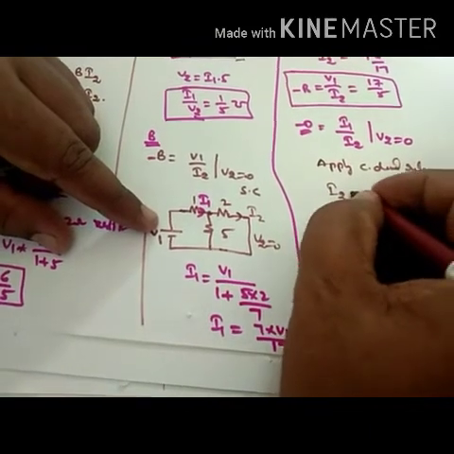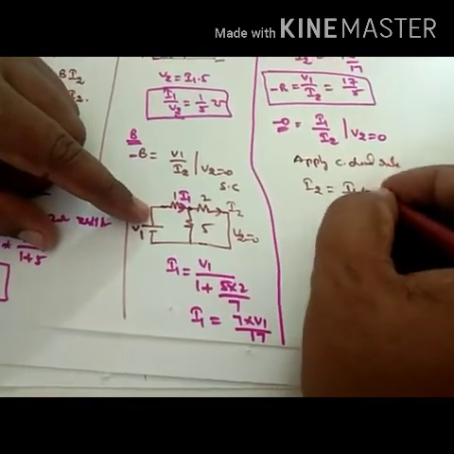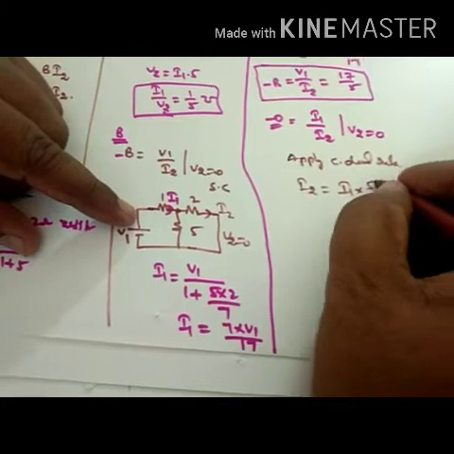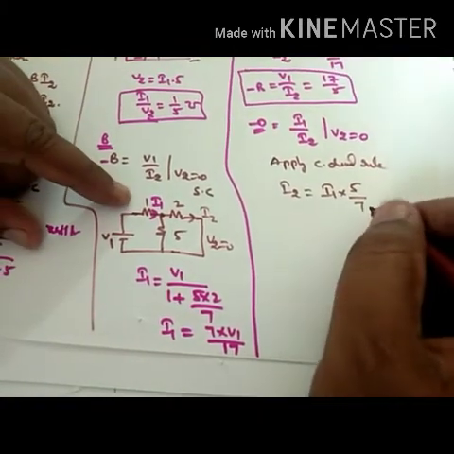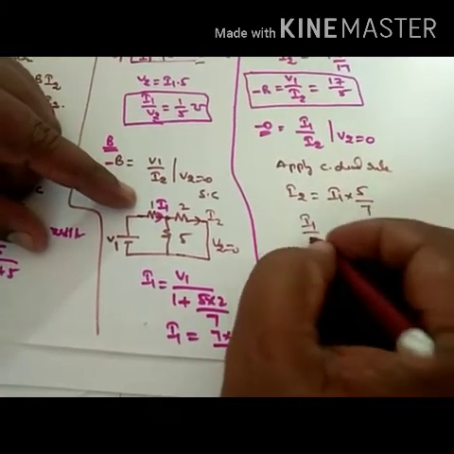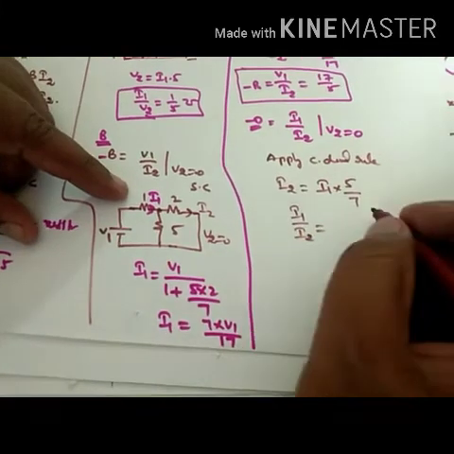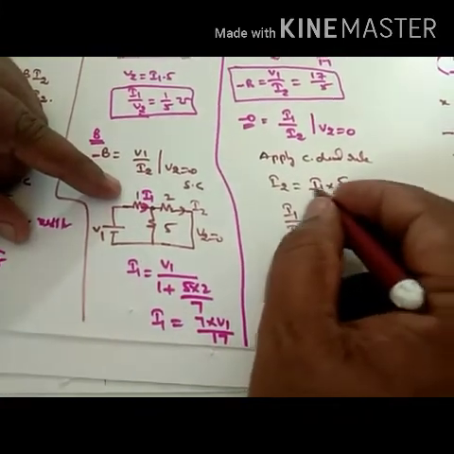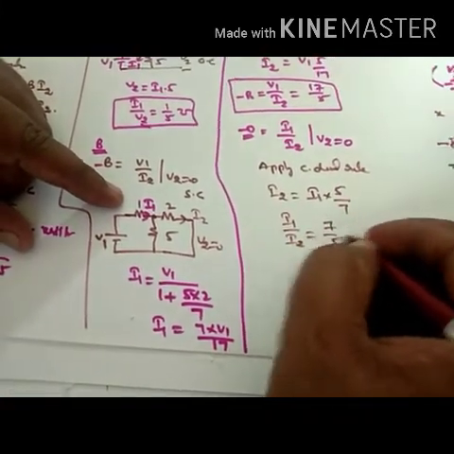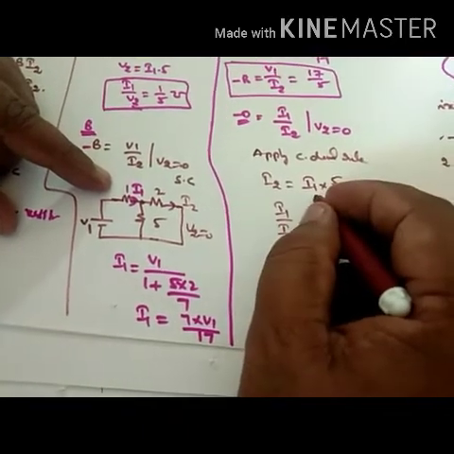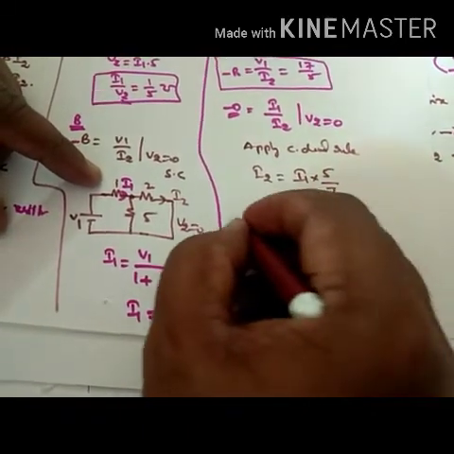I2 is equal to I1 into the opposite resistor by the total. We require I1 by I2, which is equal to 7 by 5. So that is equal to minus D.